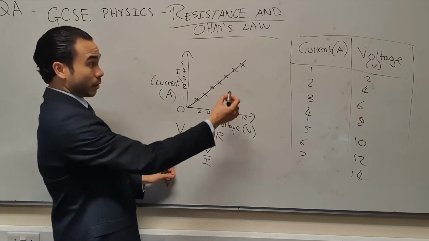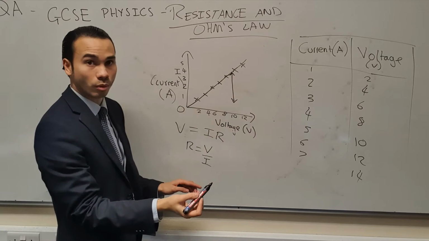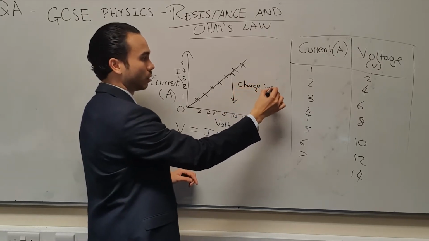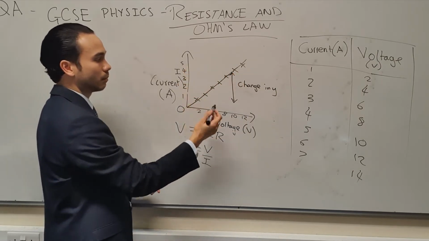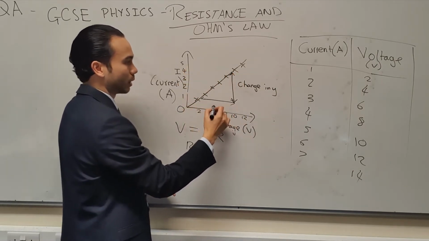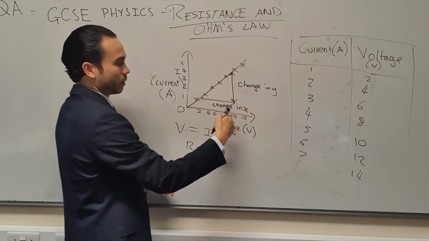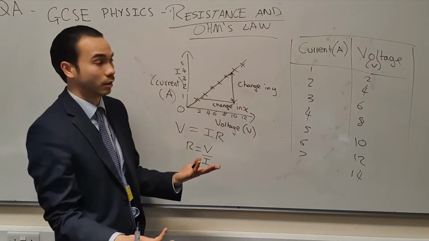So the gradient in this case, if I draw a triangle, is the change in Y, so this number minus this number, divided by my change in X, this number minus this number. If I did that, I would get my gradient.